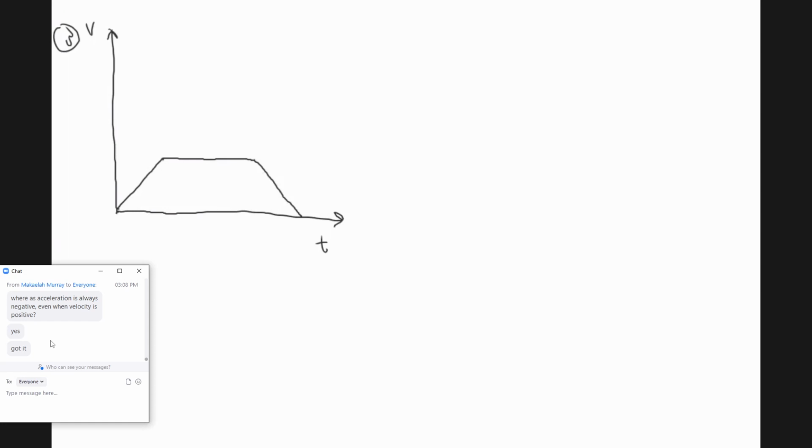So this part, it's constant, so it's staying the same value in that section. So I want to know, what does the acceleration versus time graph look like? And what does the position versus time graph look like? So answer choice A, acceleration or position as a function of time looks like a sine function.